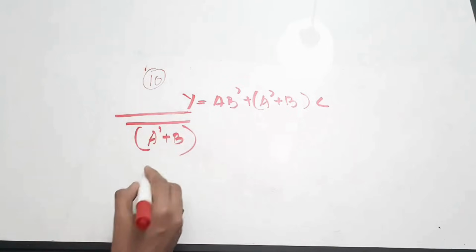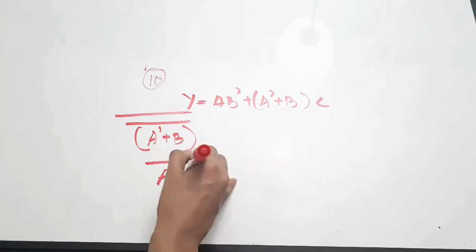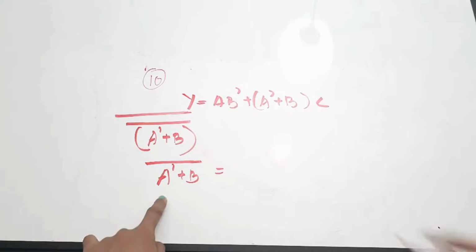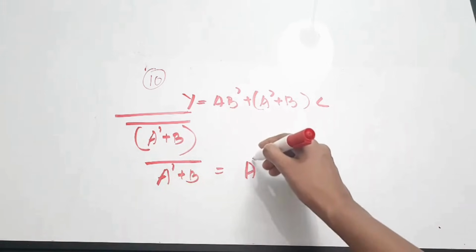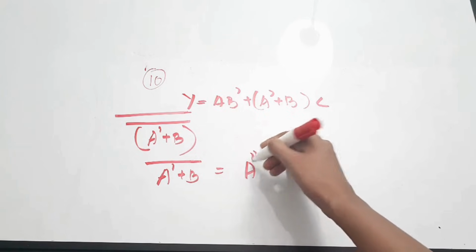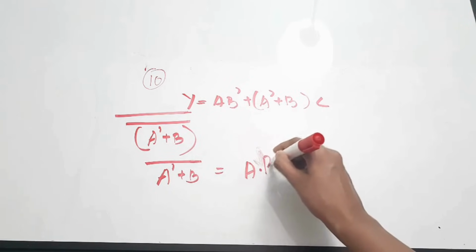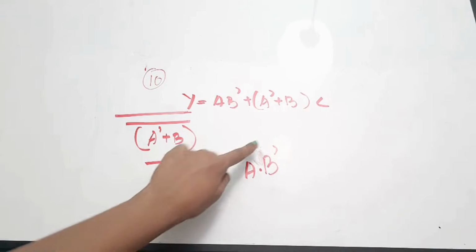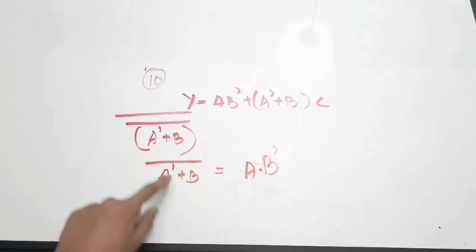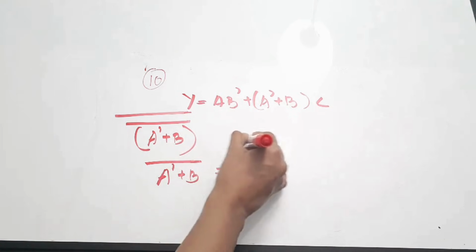So A complement plus B the whole complement is equal to A plus B the whole complement, that is A complement, again complement, it is A, into B complement. So you'll get a term like A dot B complement, and again there is an outer complement also.